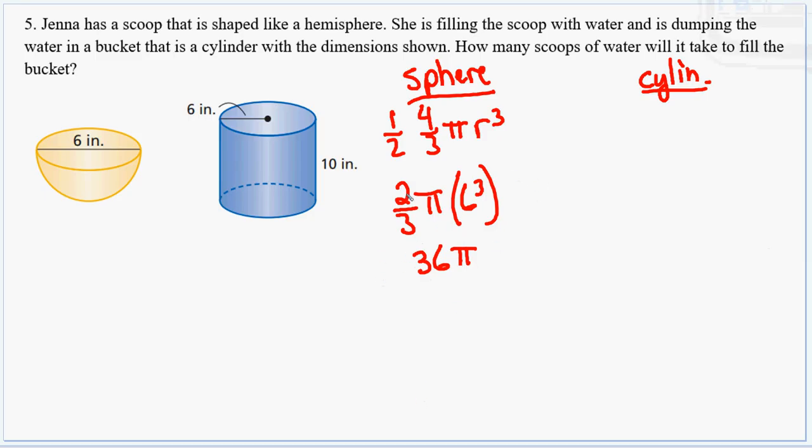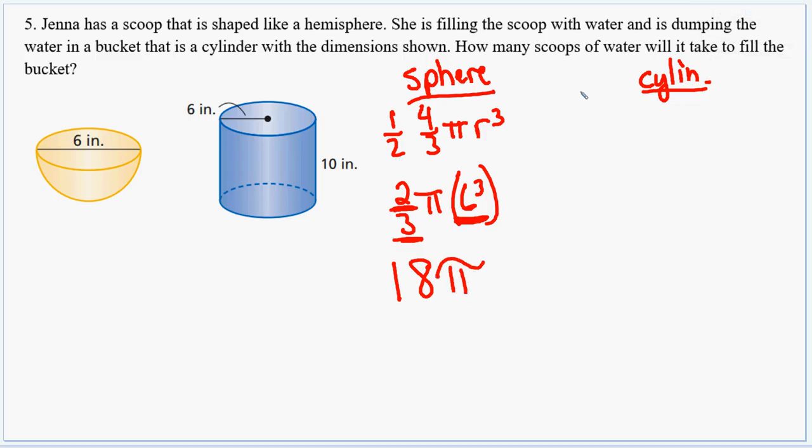Oh, no, not 36. That would just be sort of the numerator. We would have to, yeah, that would be half of that, actually. Back up. So not 36. 6 cubed times 2 and divide that by 3. Yeah, that would turn out to be 18 pi.